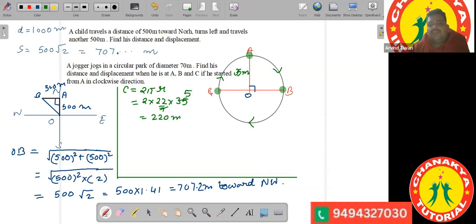This is the circumference. As we can observe, AB is the fourth part of the circumference. So the distance D1, the arc AB, is equal to 220 divided by 4, which is 55 meter.